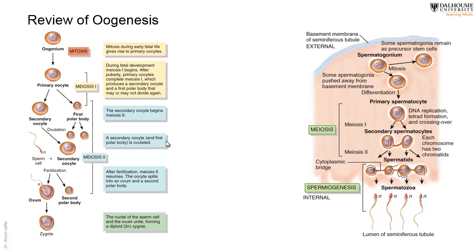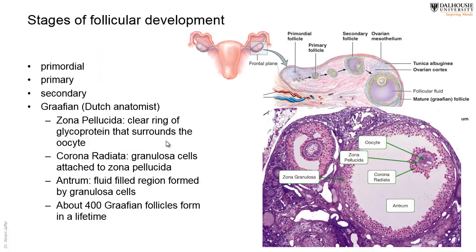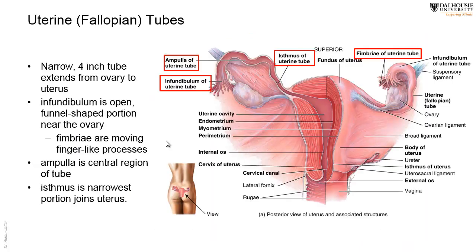The only thing is that the cell is surrounded by this protective glycoprotein material, and these corona radiata cells will provide for the nourishment of the ovum during its journey until it reaches the uterus. So back again: oocyte, zona pellucida, and corona radiata cells. These are going to be ovulated.